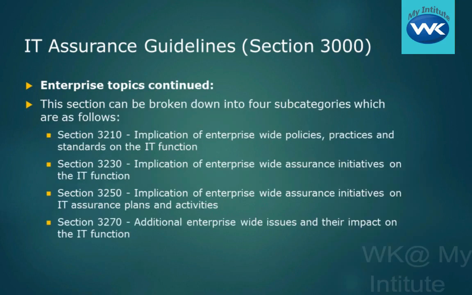Now, when we look at the enterprise topics, we can actually break it down into even further subcategories. And I'm just going to tell you the subcategories, what they are, so you kind of get an idea of what it's trying to focus on as a guideline.